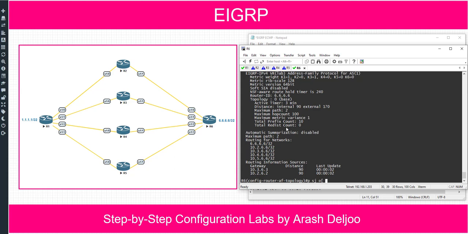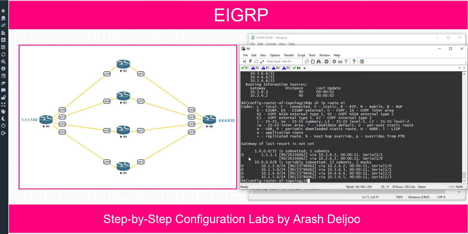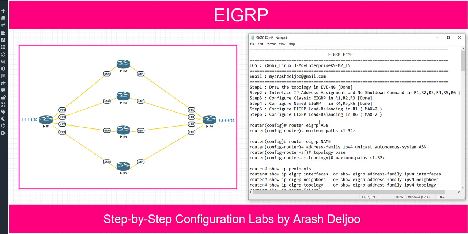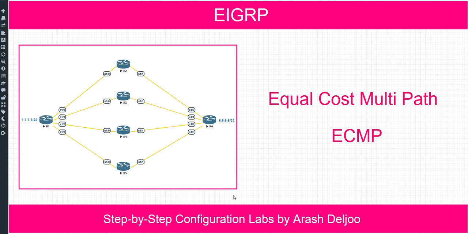Because of that, do show ip route, and in this router also it shows that to reach Quad 1/32, we have only 2 paths. Because of that, you can configure EIGRP load balancing in classic EIGRP, and also in named EIGRP configuration. Now this is equal cost multipath, or actually equal load balancing, feature of EIGRP.